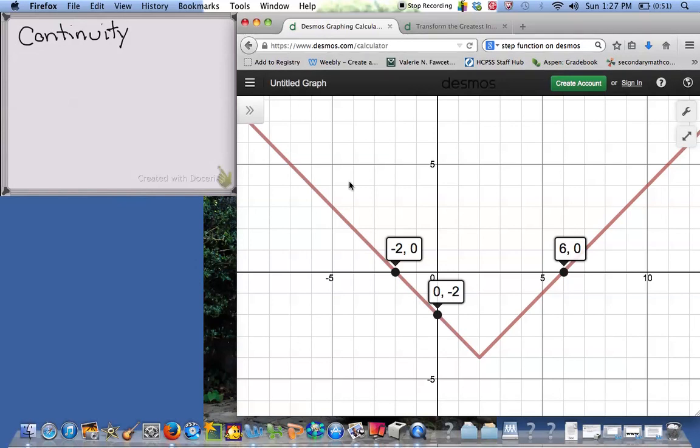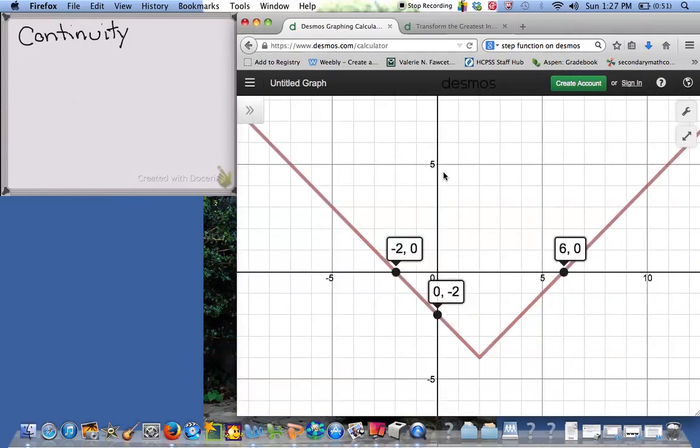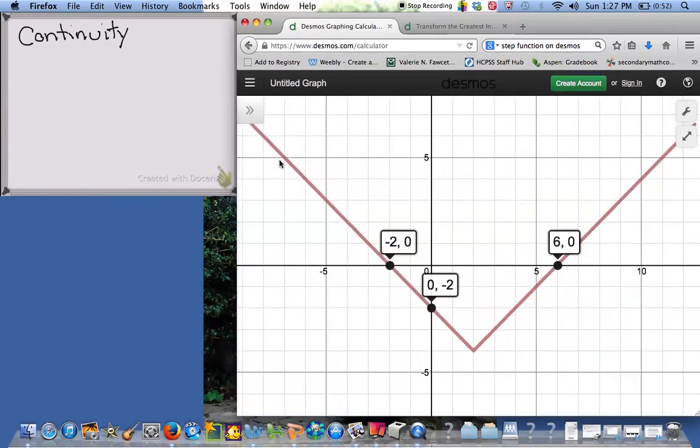If you have to pick up your pencil at some point, the graph is not continuous. So the function that we currently have here, absolute value of x minus 2 minus 4, is a continuous curve. You could trace this entire graph and never have to pick up your pencil. So we would say that the absolute value of x minus 2 minus 4 is continuous on all real numbers.